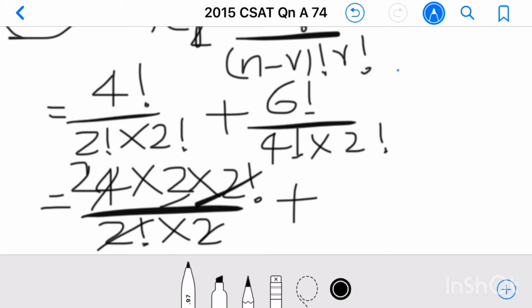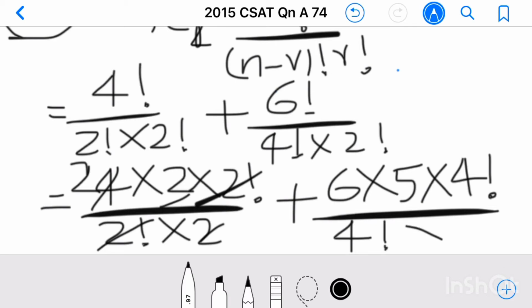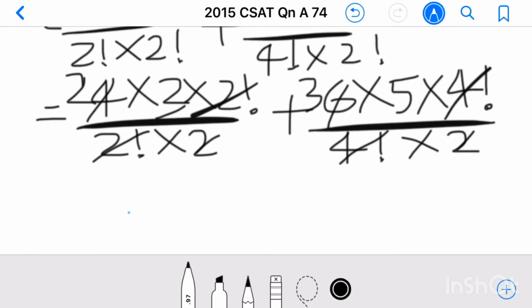Plus 6 factorial equal to 6 into 5 into 4 factorial divided by 4 factorial into 2 factorial, 2 factorial equal to 2. 4 factorial cancelled. 2 3's are 6. 3 into 5.